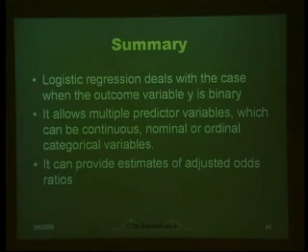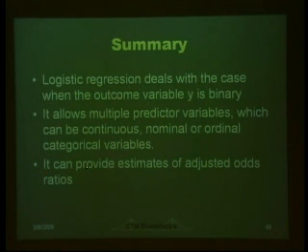All right. So to summarize, the logistic regression model allows us to deal with the case with the outcome variable being a binary variable. That's most often the case. And it allows you to assess multiple predictor variables. And these predictor variables can be continuous, nominal, or ordinal categorical variables.